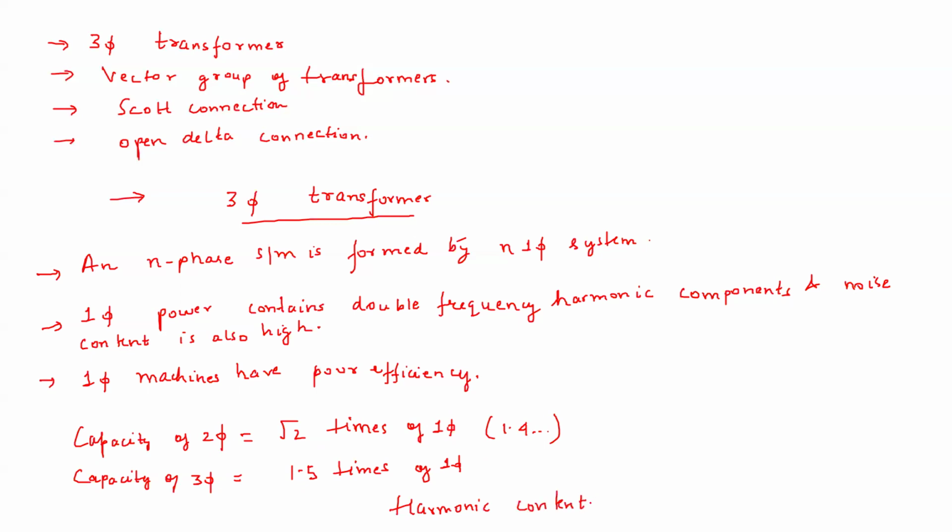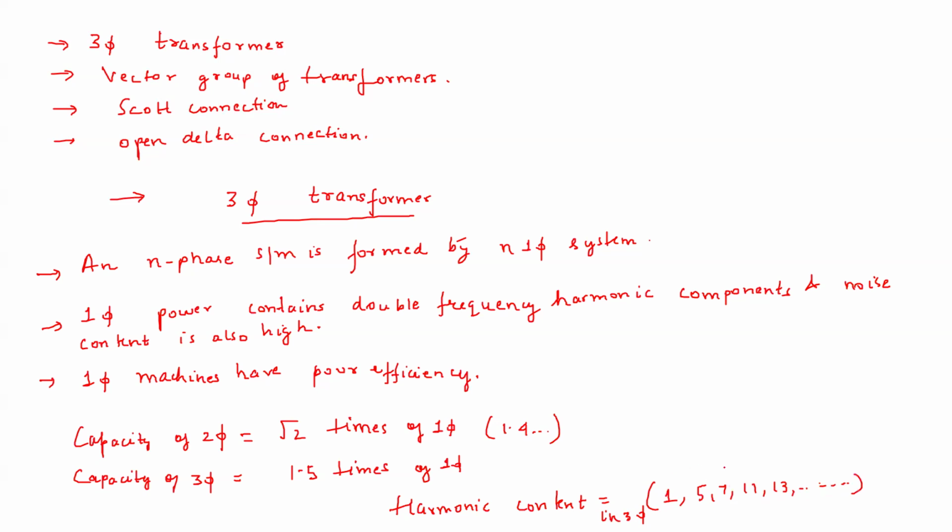I will not go into much detail of this because this is a topic of power electronics. Okay, so harmonic content in a three-phase system: first of all you have the fundamental, then on top of it you have fifth, seventh, 11, 13, 17, and so on.